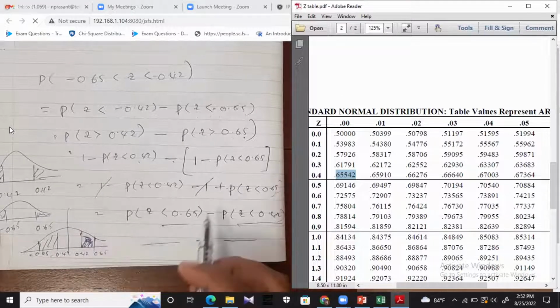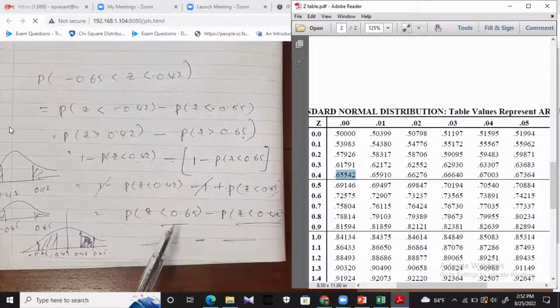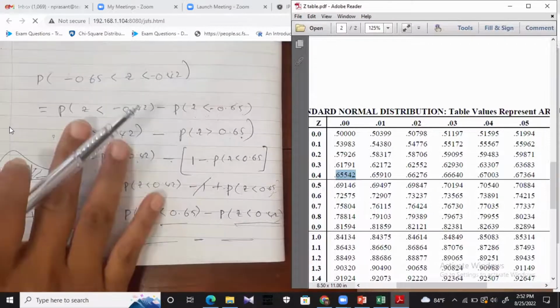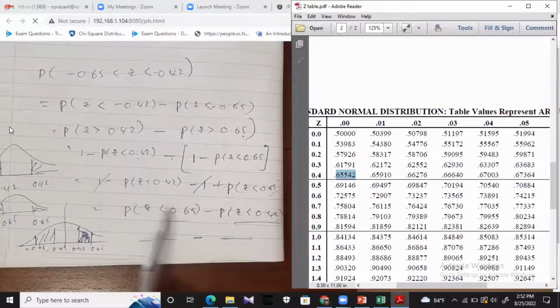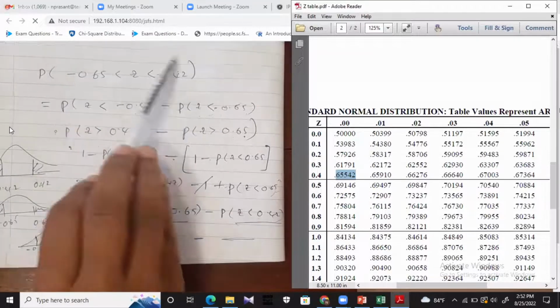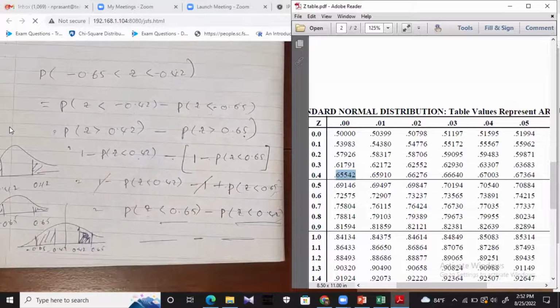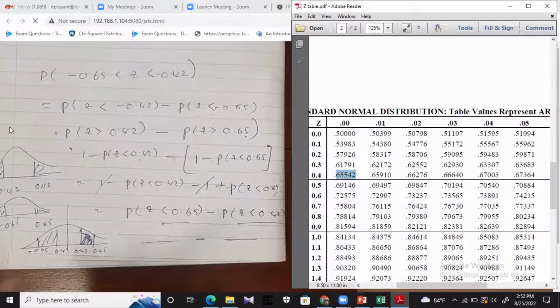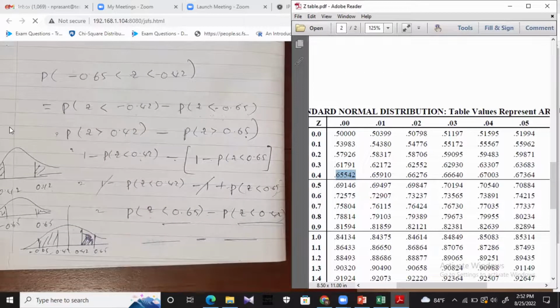That's what we have got here. Is it less than 0.65 minus is it less than 0.42? These two regions are similar. If you want, you can write this probability directly by looking at the required probability. You can use any method. Anyway, finally, you have to get the correct answer. I'm not going to check each and every step, but you have to write it in correct way. Okay?